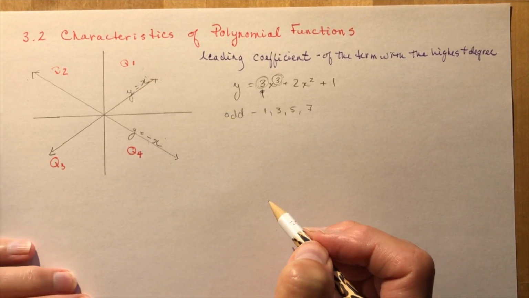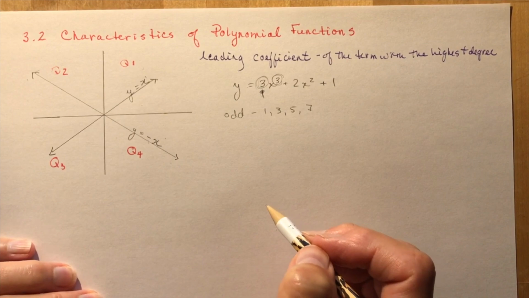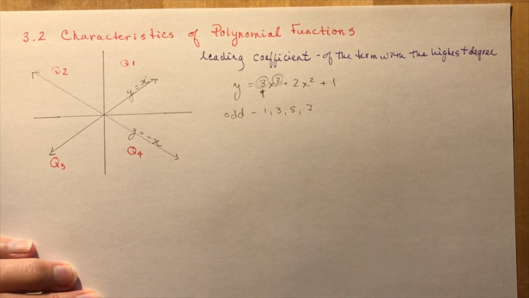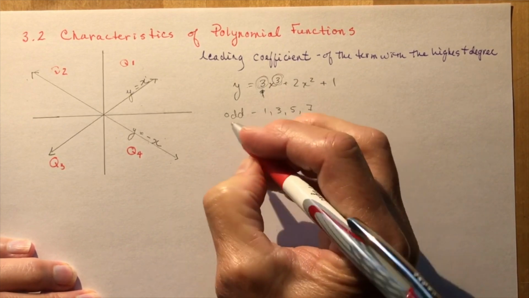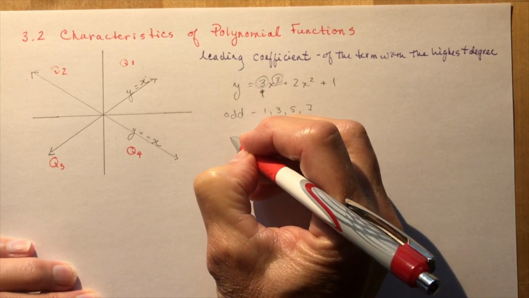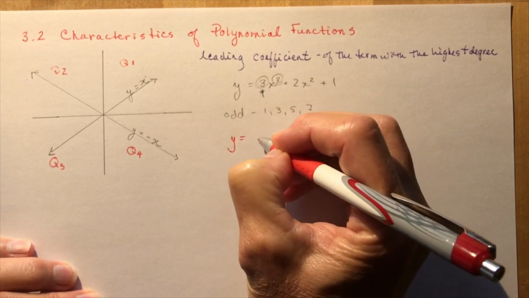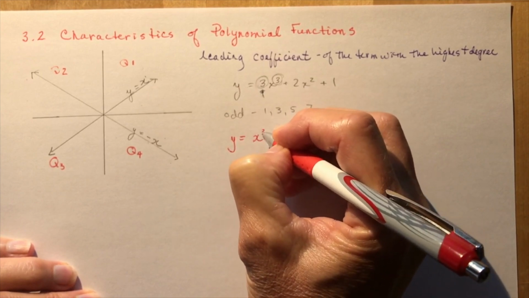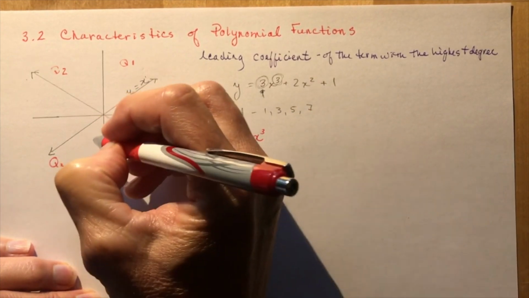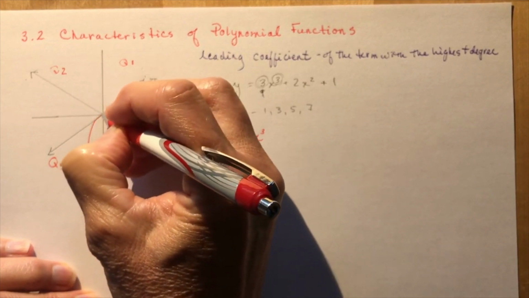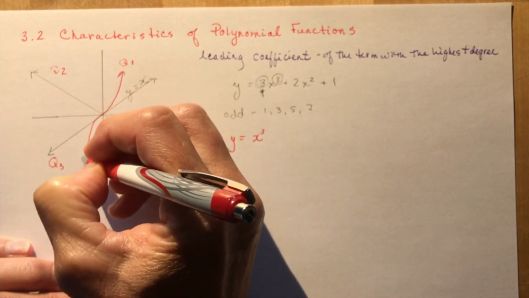Now, it just so happens that if you change the degree of the function, so let's say we're going to deal with a cubic function now. So if I had a really basic one, let's start with the most basic. So y equals x cubed. What does that look like? Well, it goes like this, right? Like that.